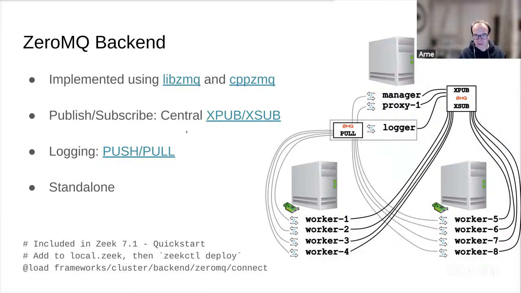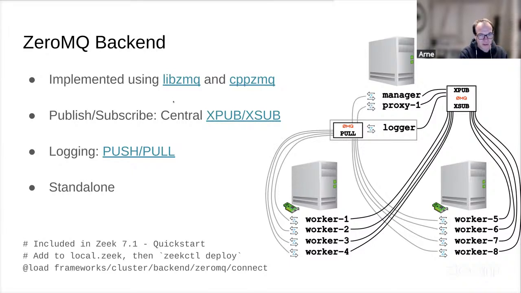All of the nodes connect with a ZeroMQ push socket to all of the loggers' ZeroMQ pull sockets, and then ZeroMQ takes over the round robin between the available logger nodes. In the diagram that I'm showing here, there's only one pull socket, but there could be multiple, and then round robin would be done automatically.